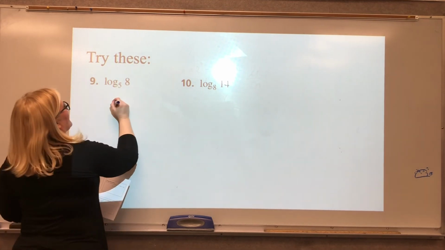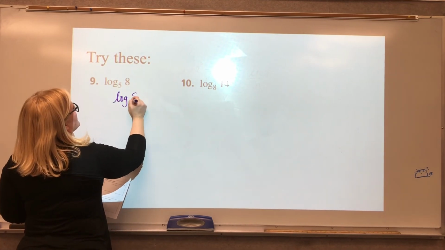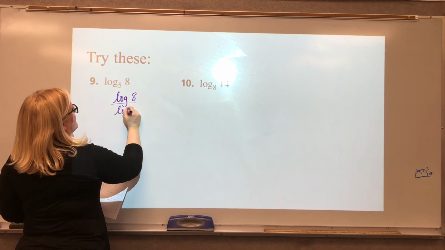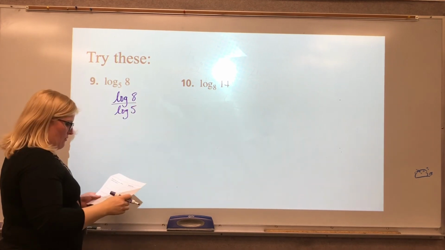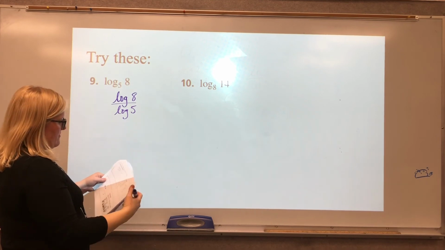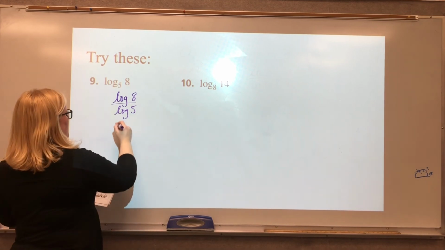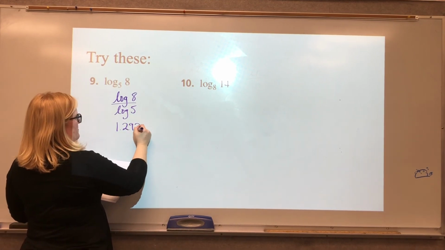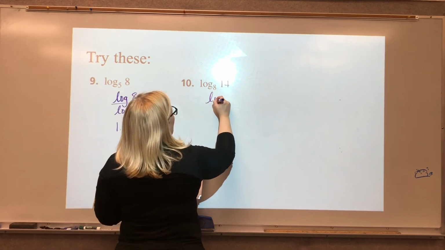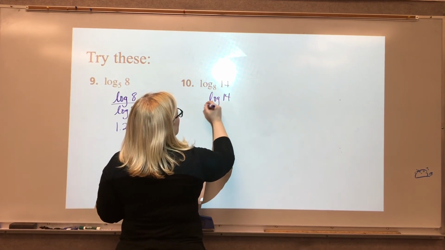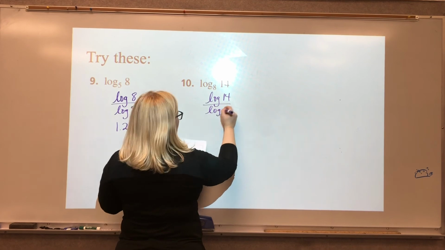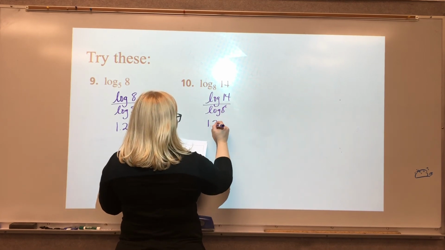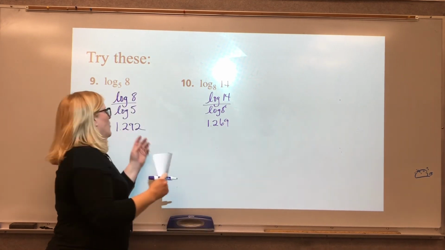Okay, we've got log 8 over log 5, and we put that in our calculator, and we get 1.292. And over here we have log 14 over log 8, and we end up with 1.269. Again, what are these numbers?